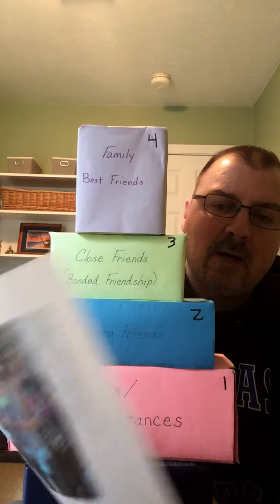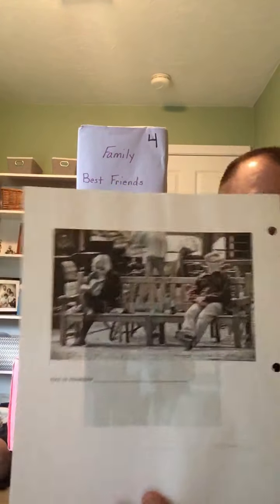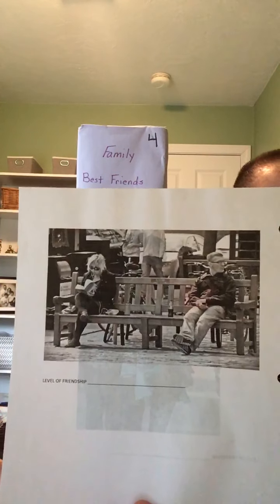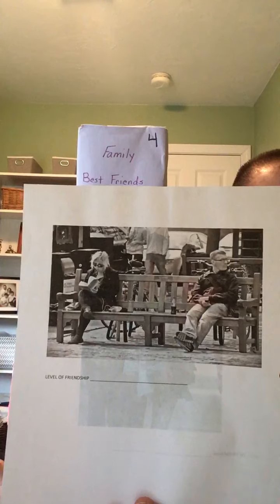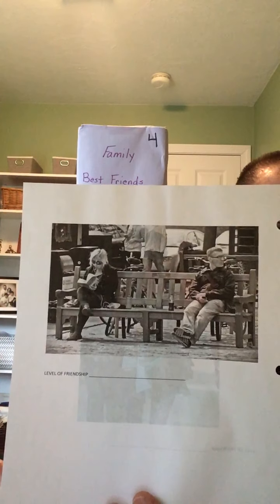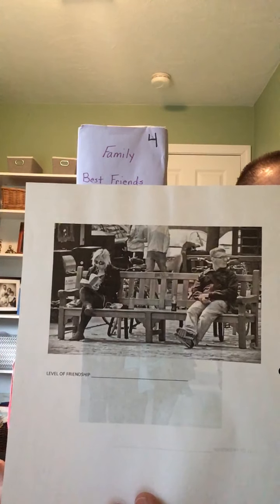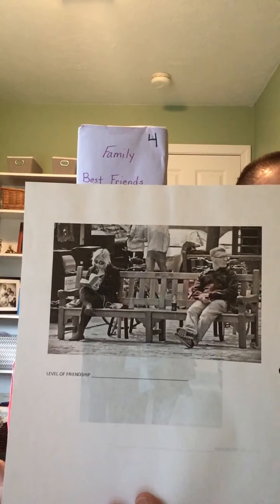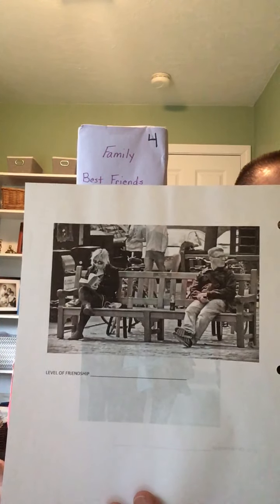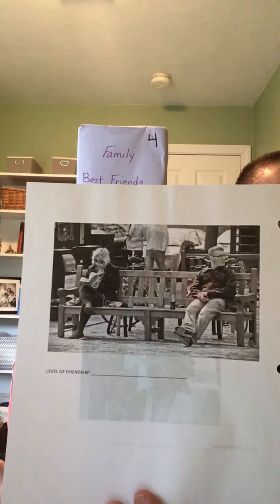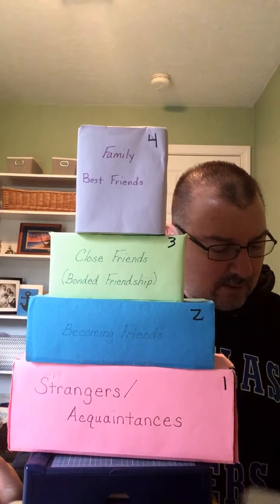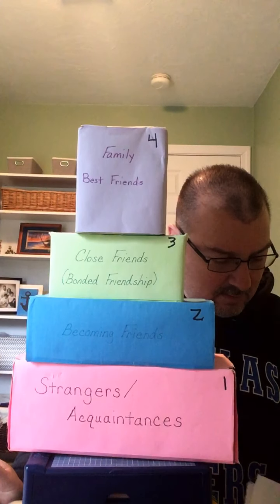And then number 9 is this picture here of these 2 people on a park bench outside. A man and a woman. The man's looking one way and the woman's reading her book. What level of friendship are they at? All right, I think we're getting down to the wire here.